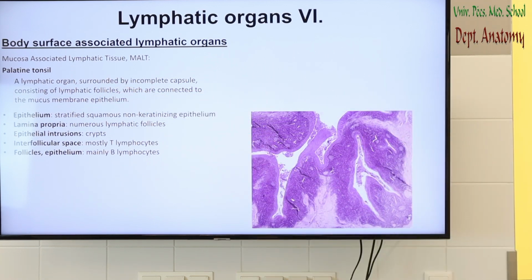The palatine tonsil can be found in the so-called isthmus faucium, which is basically the border between oral cavity and the pharynx. The epithelial surface is stratified squamous non-keratinizing epithelium, as you can see right here. Underneath the epithelium, you can see it's very rich in secondary lymphatic follicles within the lamina propria. Please note these crypts right here on the surface of the palatine tonsils.